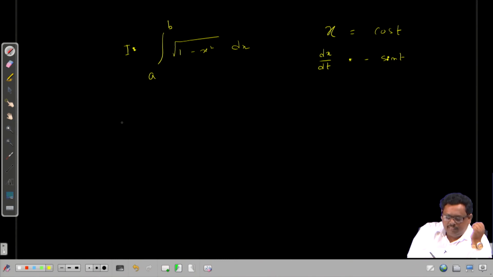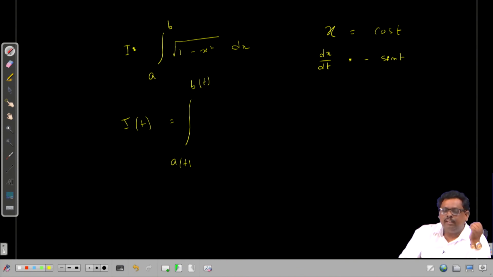Then you change this integral I from x to t and you change the limits. Earlier the limits were in terms of x, so now they change to t. So, this a is now a function of t, and b is also a function of t, right.